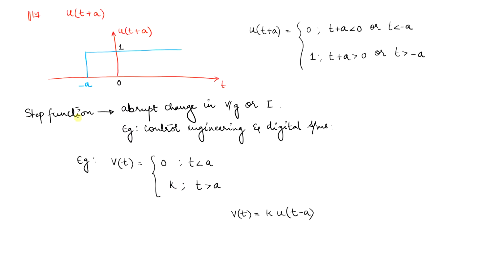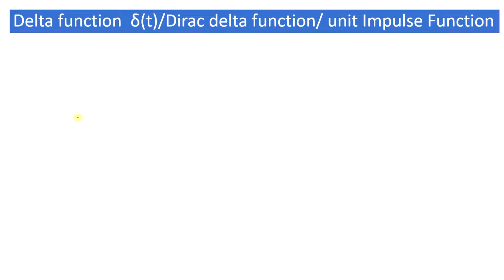Now the next type of singularity function that we have is the delta function, which is delta of t, and this can be also called as the Dirac delta function or the unit impulse function. Mathematically, this delta function is given by delta of t to be equal to the derivative of the unit step function.